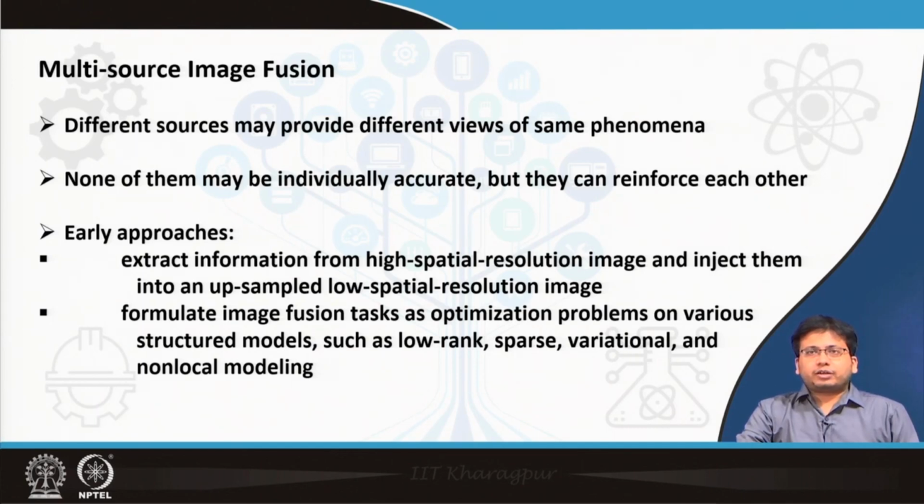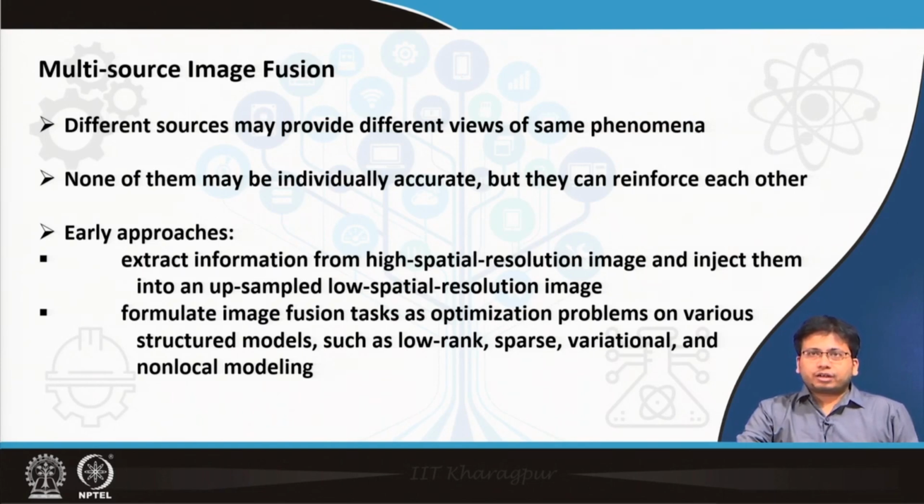Some of the images can be low resolution, but they can have high spectral bandwidth. There might be other images which have high spatial resolution but low spectral resolution and so on.